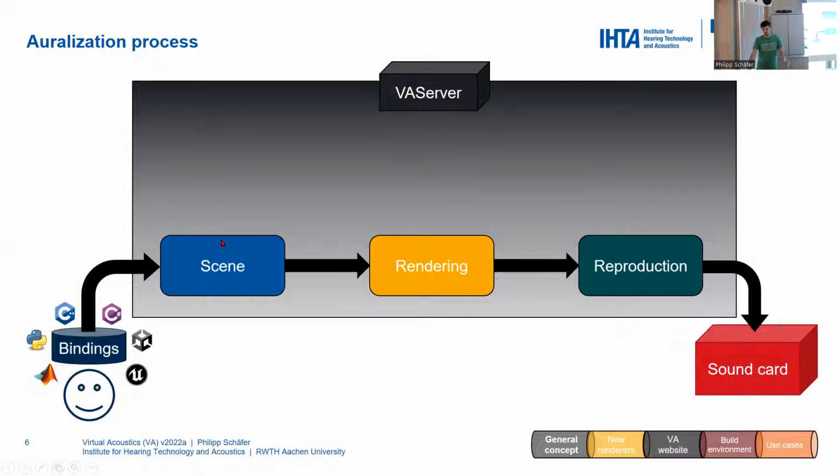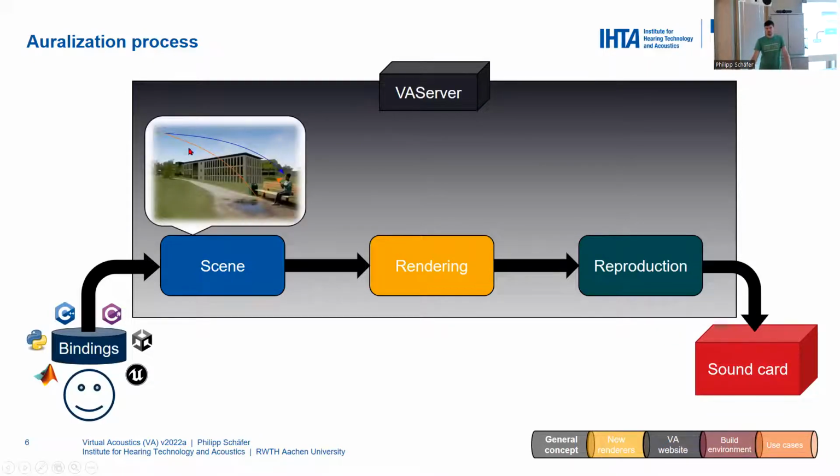There are three main components here. Auralization, or the rendering of an auralization, is always based on a scene. And a scene is always based on an actual scenario, like a real world scenario, like here, this aircraft flyover, and based on that, we derive some objects that we use to create the audio in the end.